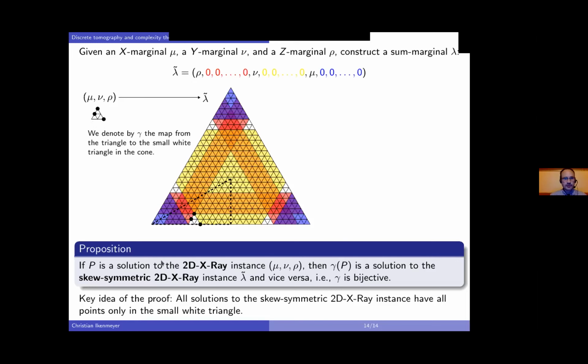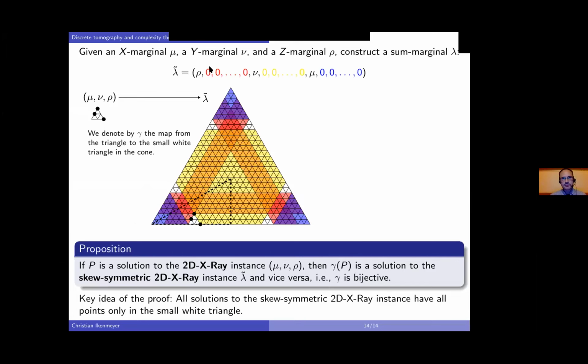So if you have a solution to the 2D X-ray instance here, then you can find the solution here to your large skew-symmetric 2D X-ray instance. So this is actually bijective. Anything here is here, and vice versa. So the proof works so that all the solutions to your skew-symmetric 2D X-ray instance here, which is the big triangle, all the points actually lie in this white space here.